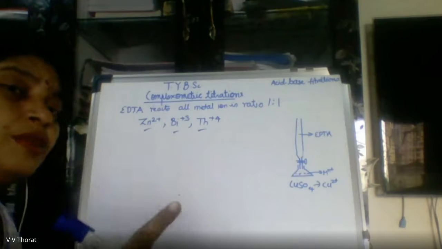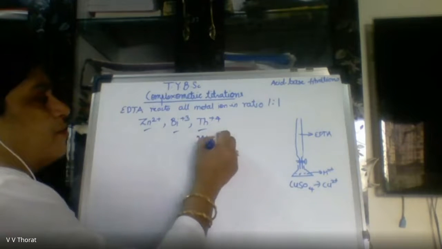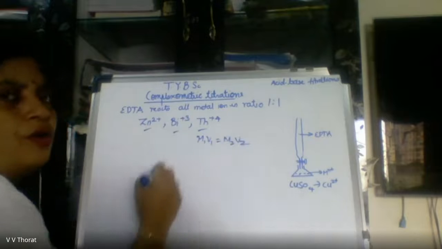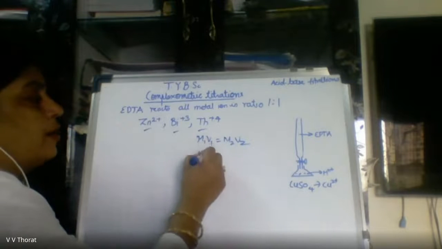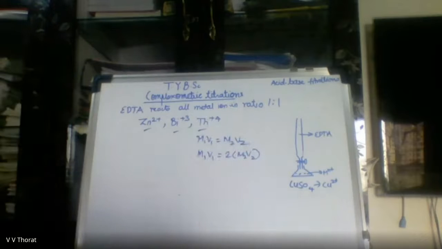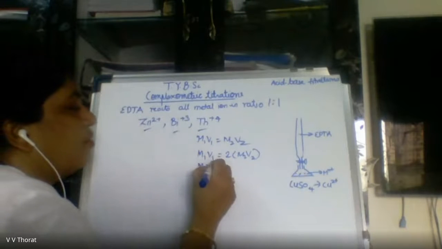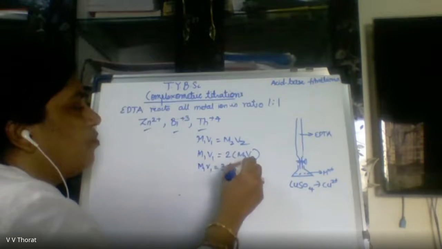And with 1 is to 1, the calculation becomes easy; you can simply write M1V1 is equal to M2V2. If it is divalent, what do you have to write? M1V1 is equal to 2 M2V2, isn't it? For trivalent, you have to write N1V1 is equal to 3 times N2V2.